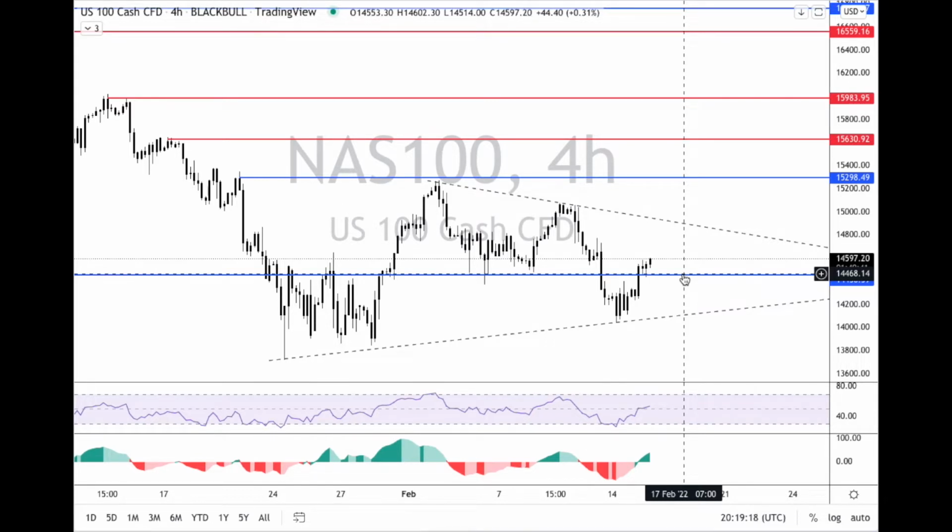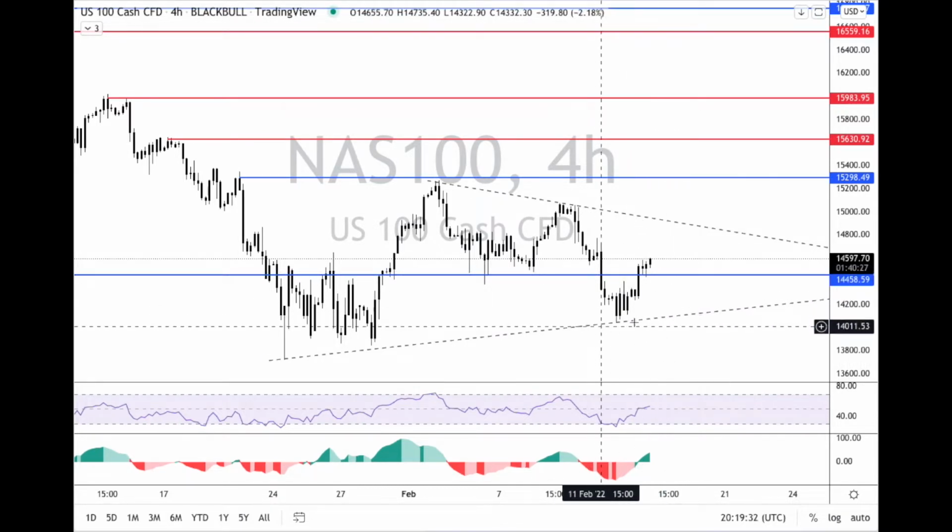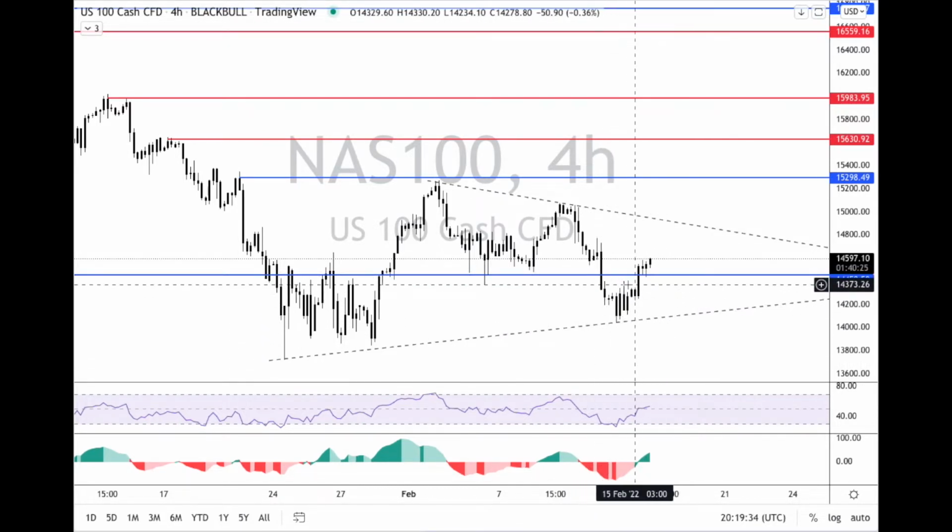So say, for example, if I decided just to buy into the market, I would need a stop. I would need to cover this whole area as a stop, just because of a potential pullback.